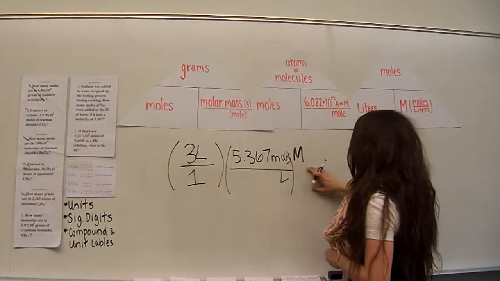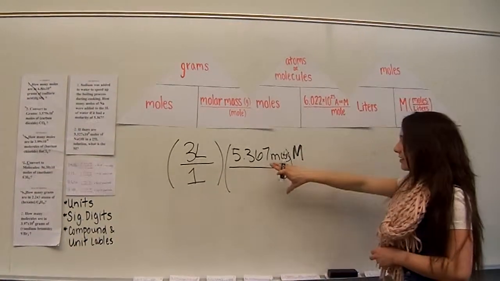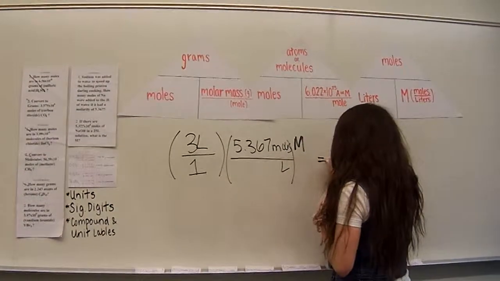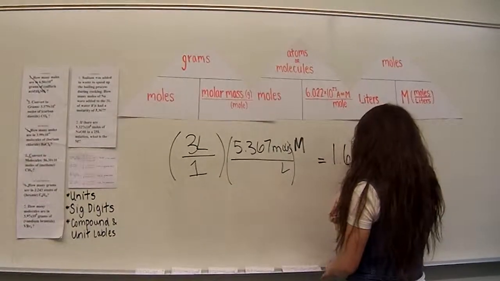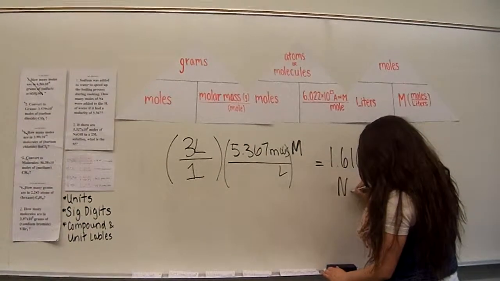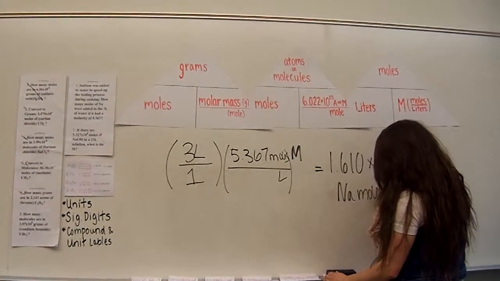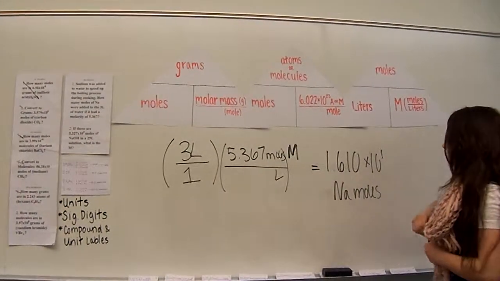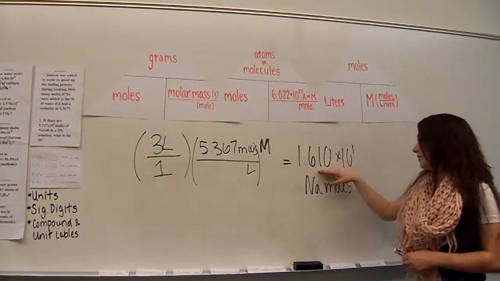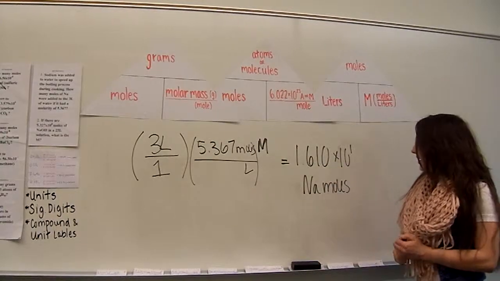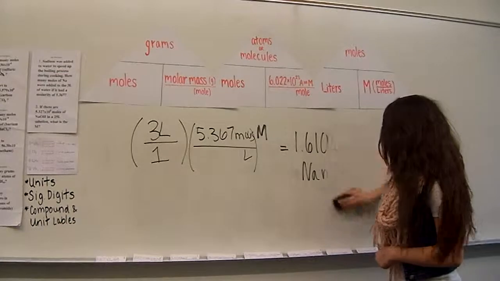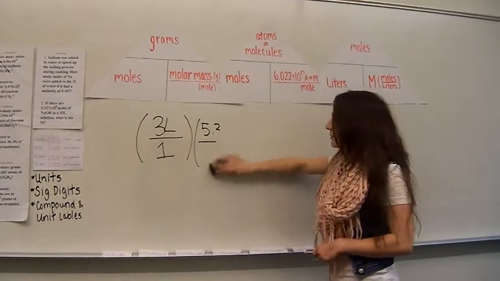And then once you multiply the liters and the molarity, you will be given 1.610 times 10 to the 1st sodium moles. And then we have the same number as our given for significant digits in our final answer. And then we also have the compound and the units labeled. I will now move on to my final problem.